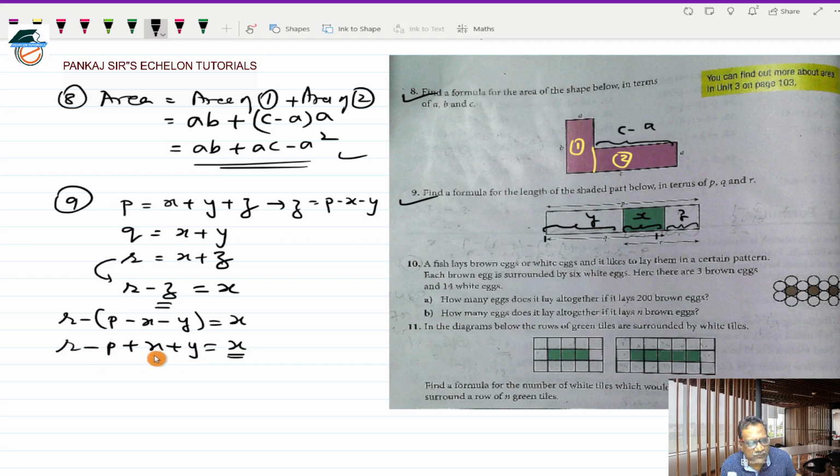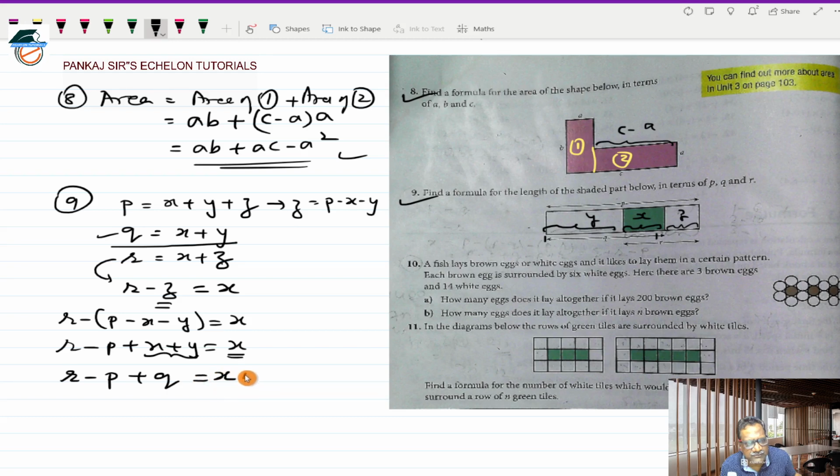I don't want X and Y, but this X plus Y can be written as Q, because here I have X plus Y is equal to Q. So I write R minus P plus Q, instead of X plus Y. This is equal to X.